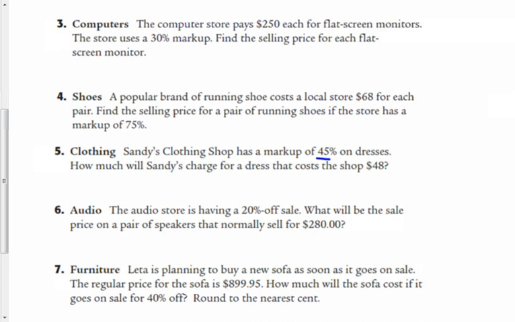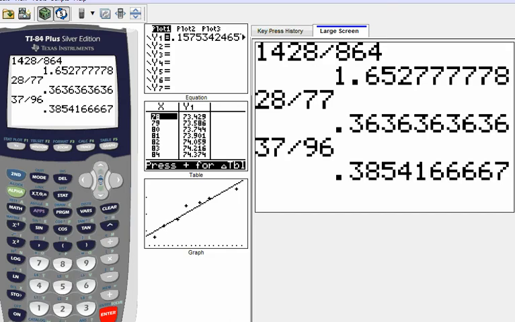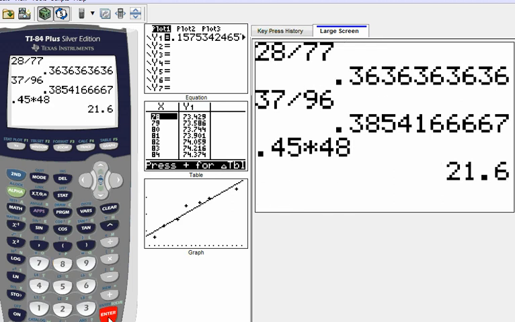If all I wanted to do was find 45% of the price, I could just do 45 over 100 for my percent, and for my whole, I want the price 48. So I need to do 48 times 45 divided by 100. Or my shortcut would be 45 divided by 100 first, which is 0.45 times 48. And that's 21.6.